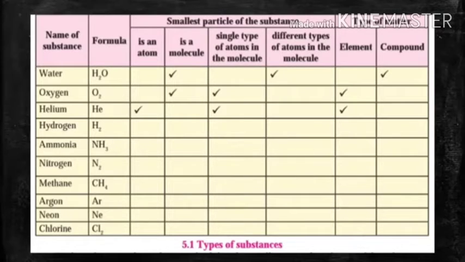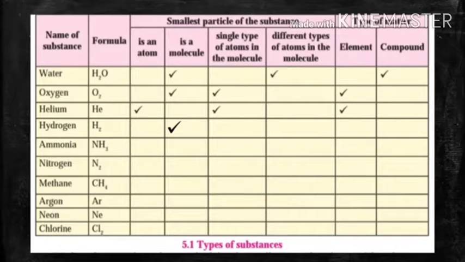Consider the fourth example. The formula is H2, for hydrogen. Is hydrogen an atom or a molecule? It is a molecule, so we will tick the place for molecule. Is it a single type of atom? Yes, it is a single type of atom, so we will tick the place for single type of atom.